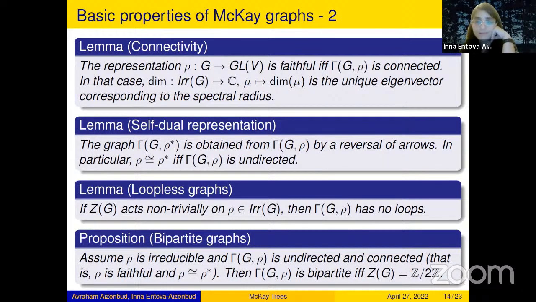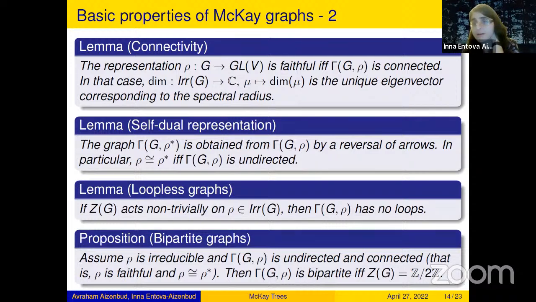But yeah, since we have the classification of what groups can occur when we are considering McKay graphs which are trees, of course you can say that whenever a group and the representation give us a McKay graph which is not a tree, it just means that it is not one of these pairs. But I don't think I have a very smart thing to say about this classification.